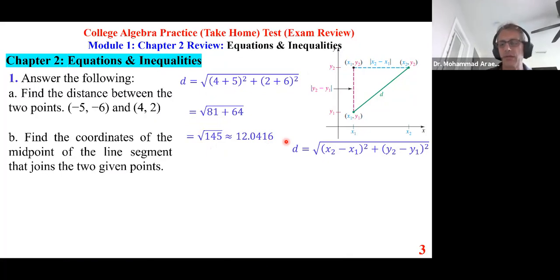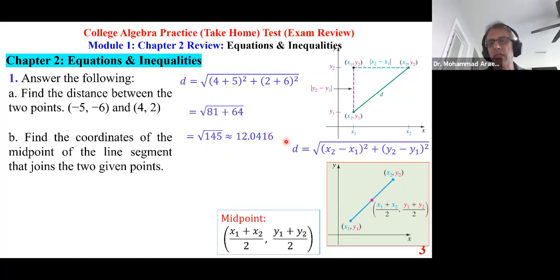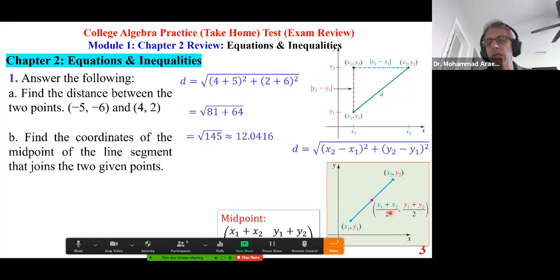The next one is asking for the midpoint. And again, how did we come up with the midpoint? We basically add up the x's, we divide by 2, the same thing for the y's, and that's the midpoint. Therefore, if I want the x coordinate for the midpoint, I add up -5 and 4 divided by 2.